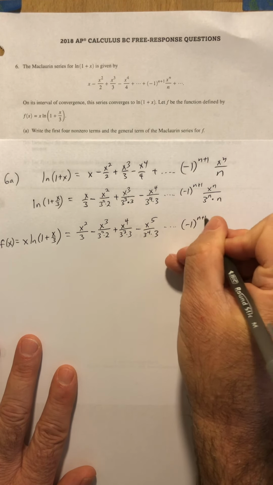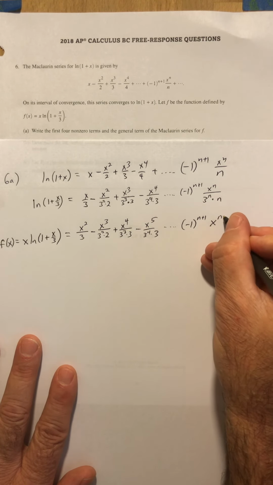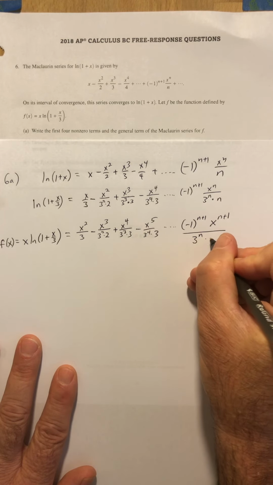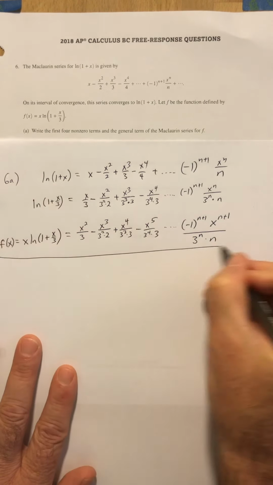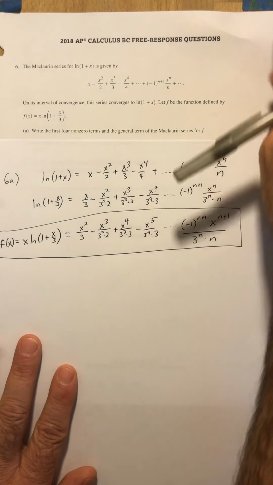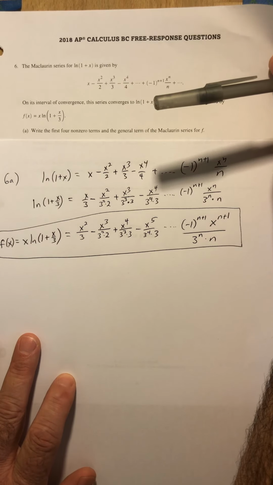All right, my general term, still alternating, my x power is going to be x to the n plus 1 this time, and my bottom is going to be that. All right, this is our series. We're going to use this in a couple more problems, so I'll leave that on the page. But that's your answer to part A.